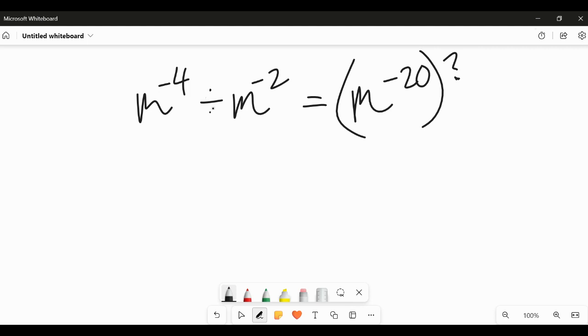Again, divide. Just because it looks like this, it's still divide. So you subtract negative 4 minus negative 2, which is the same thing as adding 2. This one, we get negative 20 times e, right? We don't know what that is. Okay.